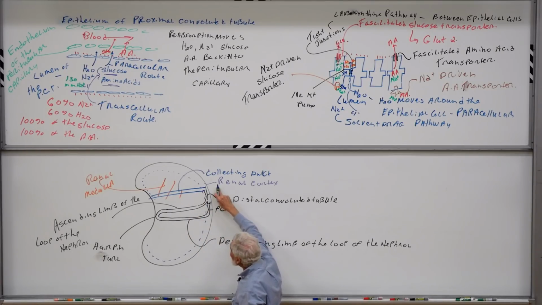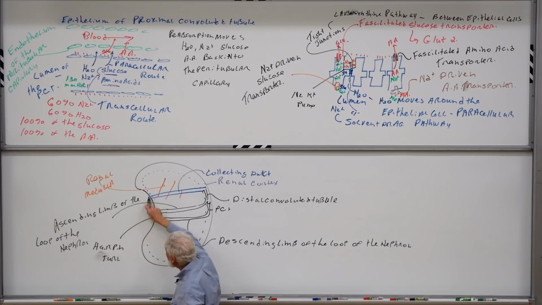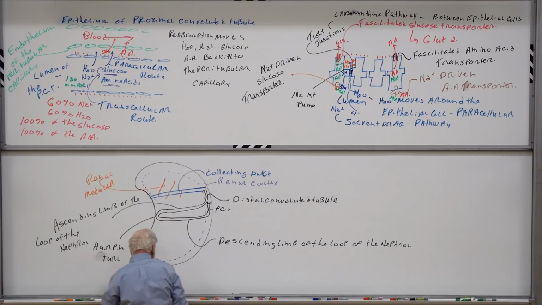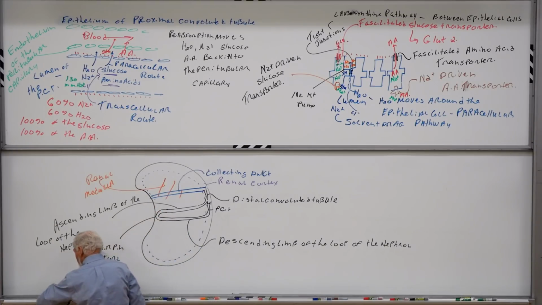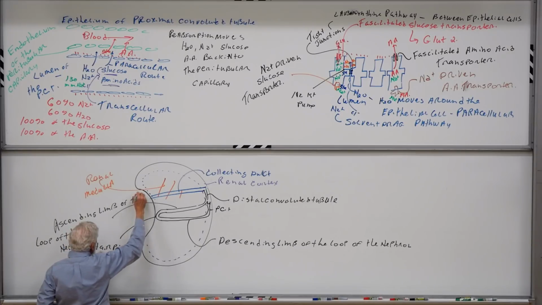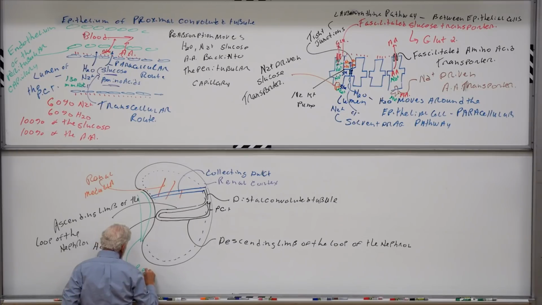But they all empty into the collecting duct in the cortex. And then this tube extends across the medulla and empties into the region down here known as the renal calyx.